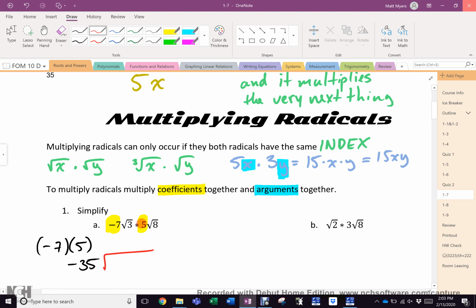So what is attached to a coefficient? 3 times 8, which is 24. That's all you do. Everybody cool? That's how easy it is. Now, of course, is it really that easy? Of course you would simplify it. Just like when we multiply fractions, we simplify the answer, right? We're going to simplify here.